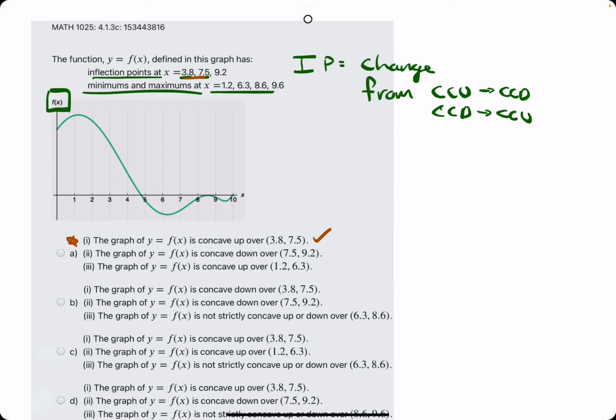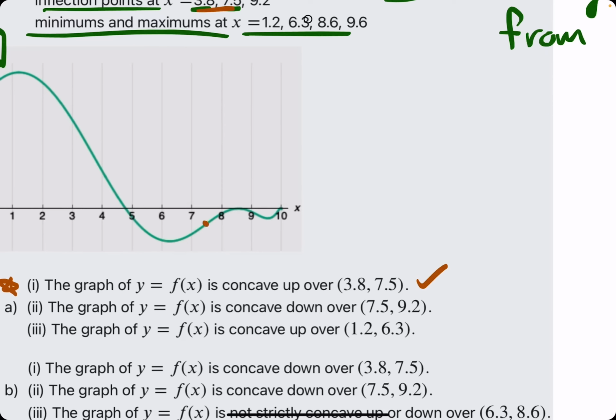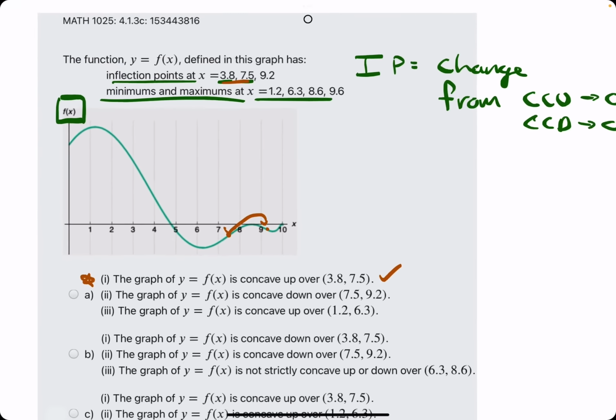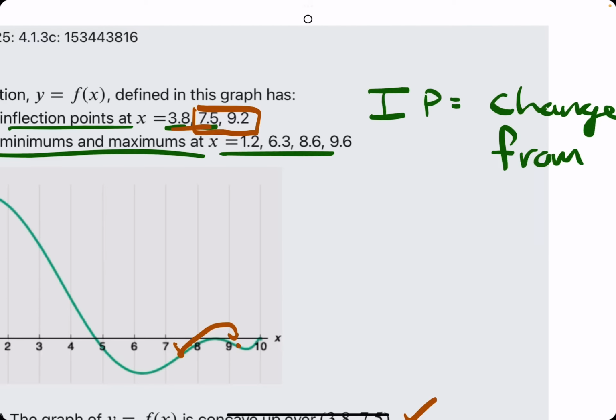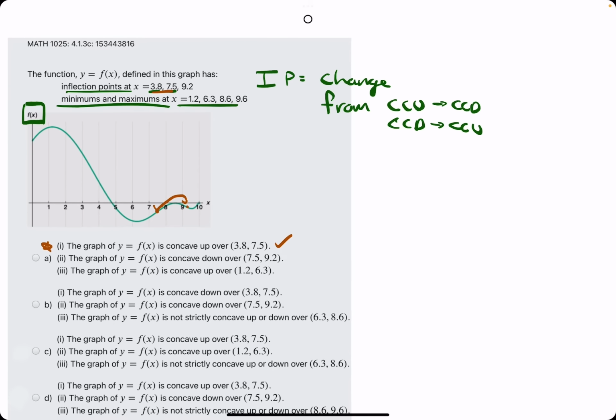Number 2: the graph is concave down from 7.5 to 9.2. Again, we can see that that is concave down, and the numbers just reassure us.